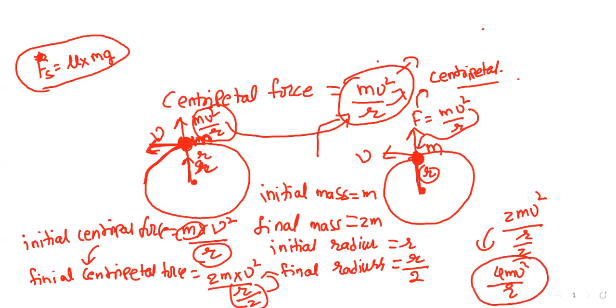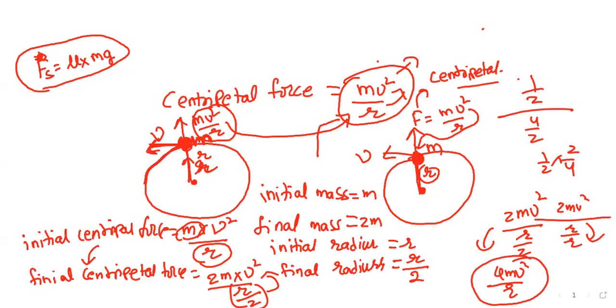So how is it 4mv squared? We are just using this. Let's say there is a 1 upon 2 upon 4 upon 2. This is nothing but 1 upon 2 into 2 upon 4. Similarly, 2mv square upon r upon 2, I can also rewrite as 2mv square times 2 upon r.